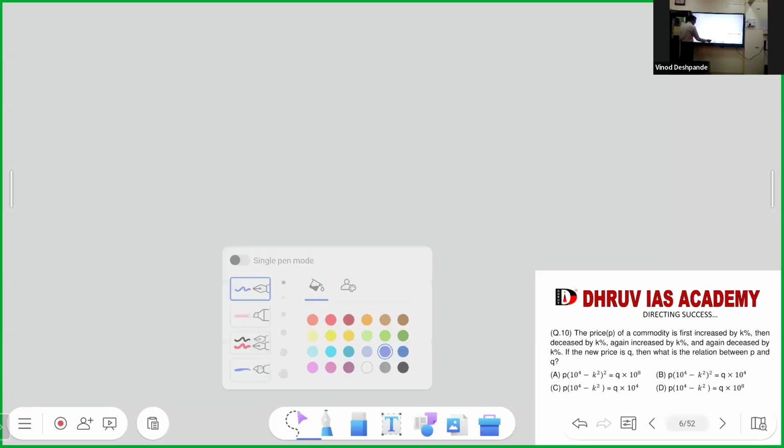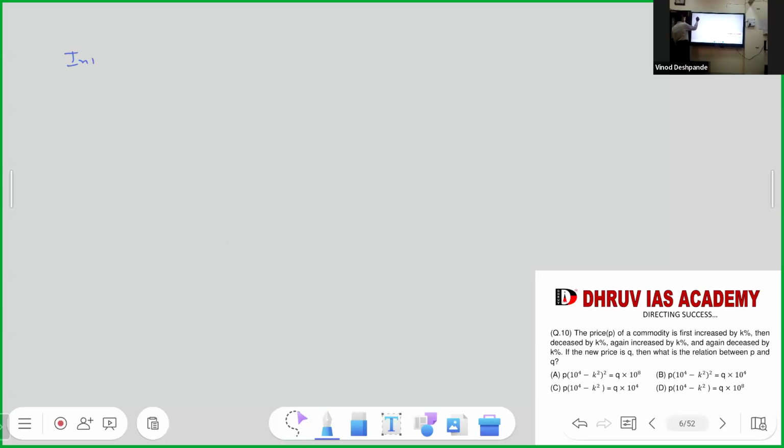See, the initial price is P. Now when the price increases by K%, that means it will be 100 plus K% of P. Like a 10% increase means it becomes 110, or 110% of the original.